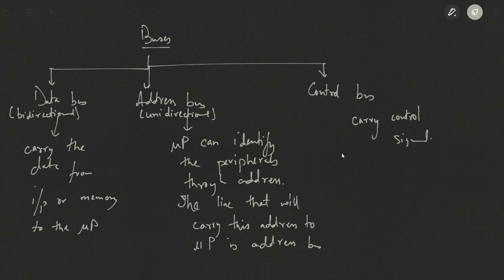Now, as far as the 8085 goes, since we are processing 8 bits of data at the same time, the data bus will be executing 8-bit instructions at a time. As far as the address bus goes, as far as the addresses of the peripherals go, the address bus is 16-bit.